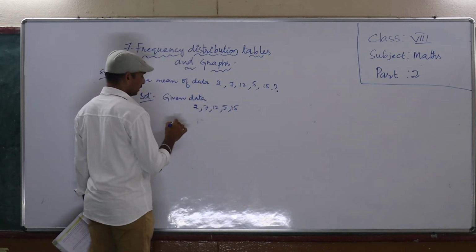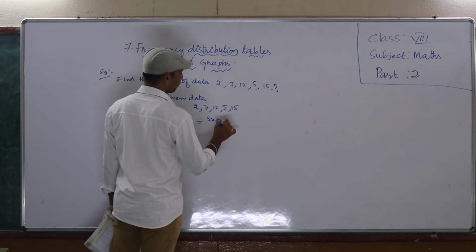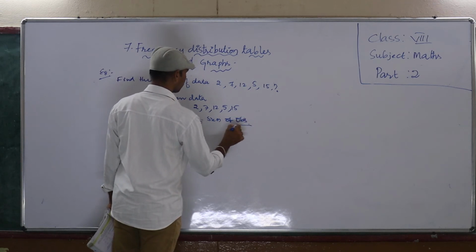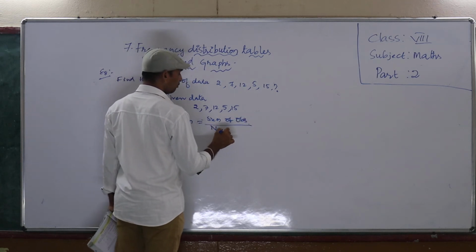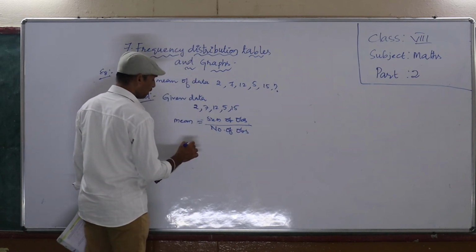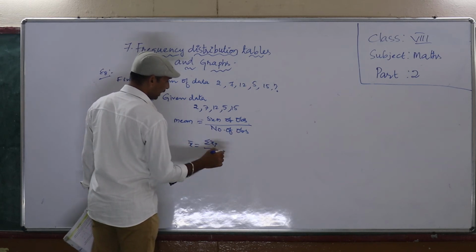Then formula. Mean is equal to sum of observations by number of observations. So x bar is equal to sigma xi by n.